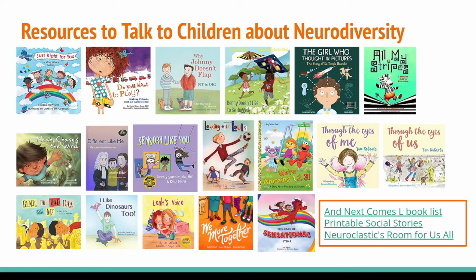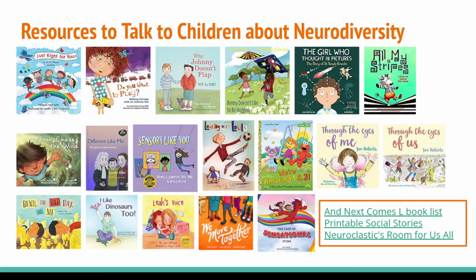These topics are complex, even for adults to talk about and unlearn and relearn. So how do we have these conversations with kids so that we are supporting all of the children and students in our life, but also helping the next generation have more healthy conversations around neurodiversity and disability?